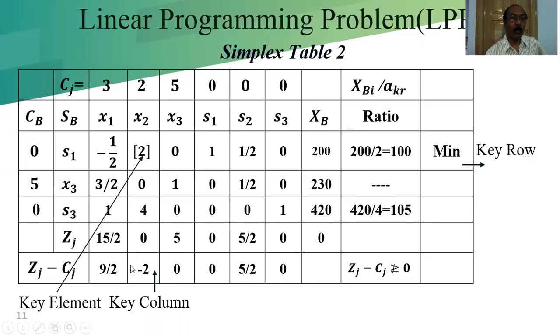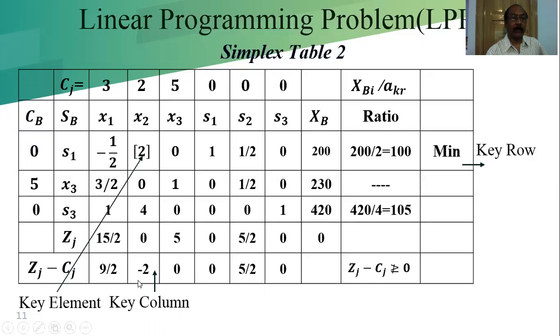Only one negative entry is there in ZJ minus CJ. This minus 2 corresponds to the variable x2. So this column is the key column.